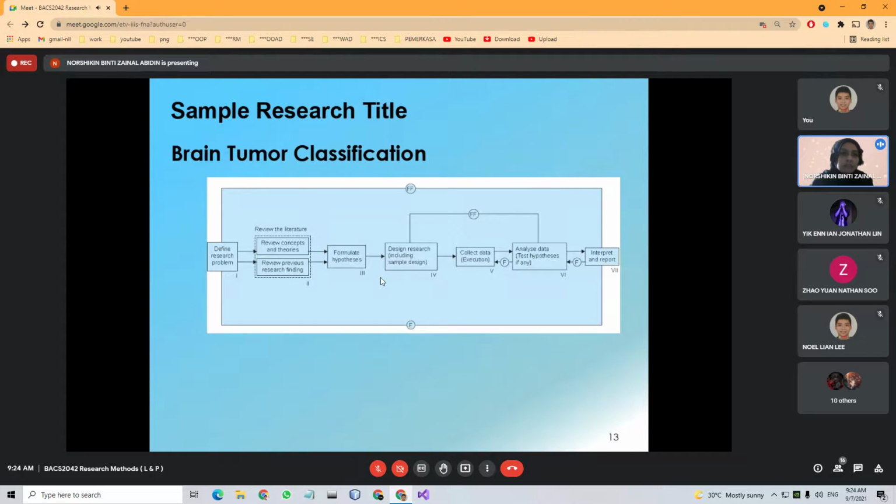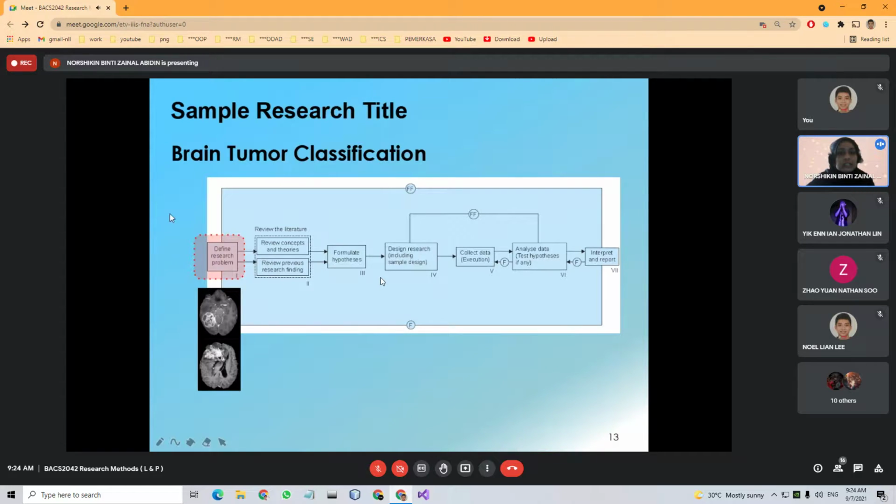This is another example, the brain tumor classification. Because I'm not familiar with medical research, I have never been involved in any medical research, so I do not know how to explain this, but never mind. In general, this is the brain tumor classification.